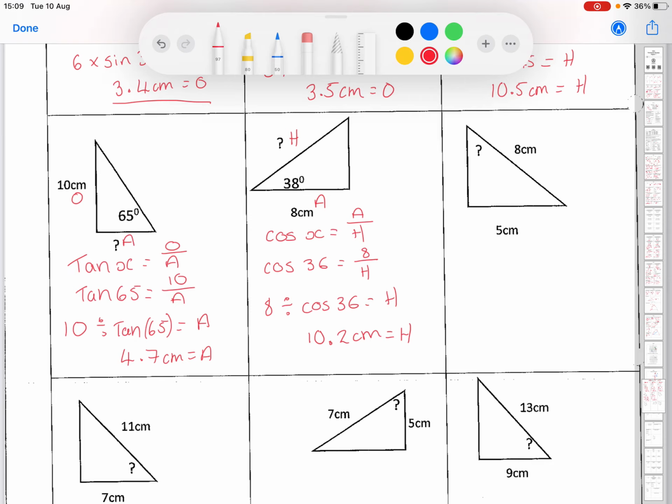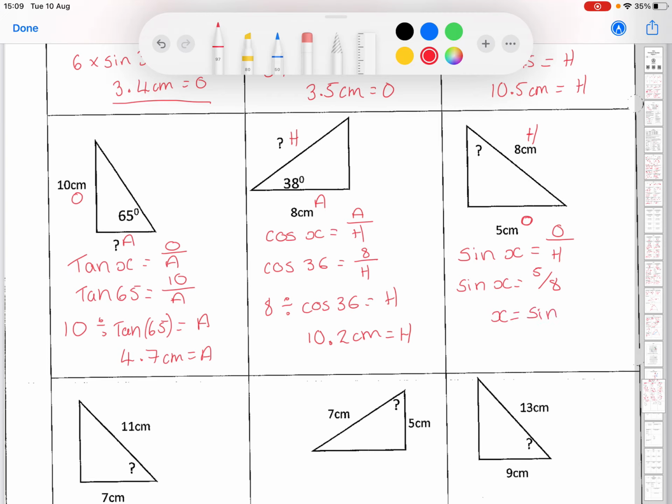Right, next one, we don't have an angle, but we've got those two sides. So let's label those two sides. Our 8 is our hypotenuse, and the question mark is opposite that 5 centimetres, so that's going to be our O. So we've got O and H, that means it's going to be SOH. So sine of the angle x, which we don't have, is O over H. So sine of x is going to be O, which is 5, over our H, which is 8.